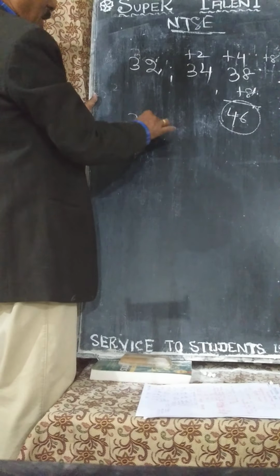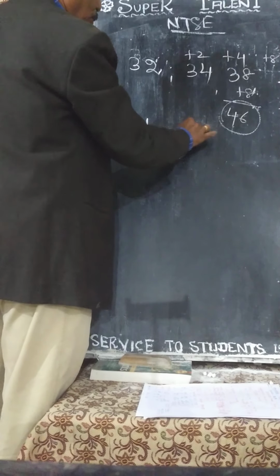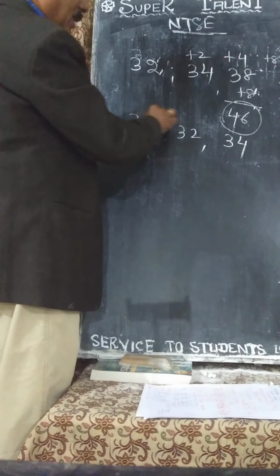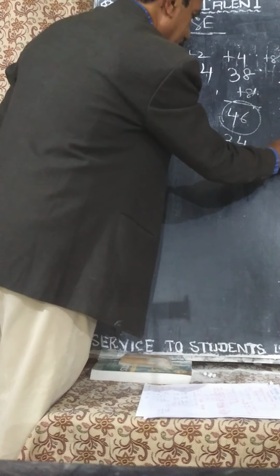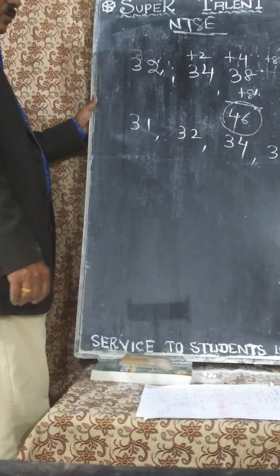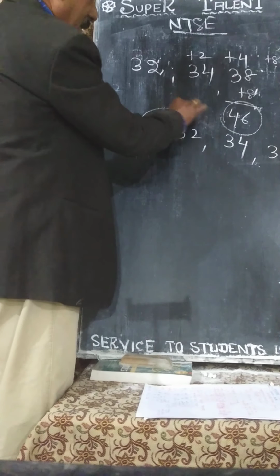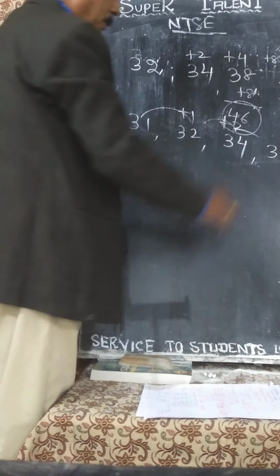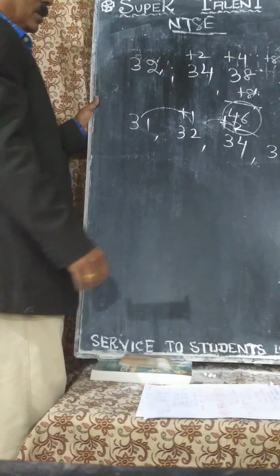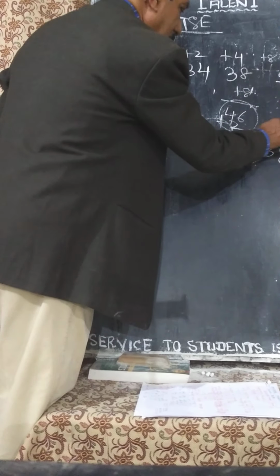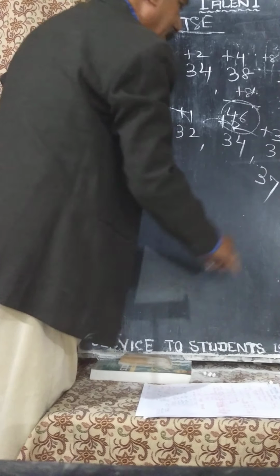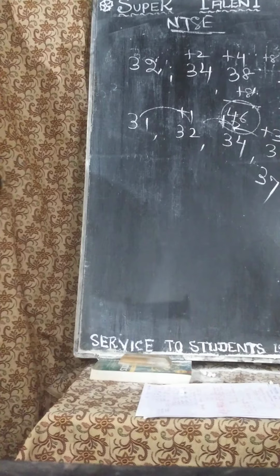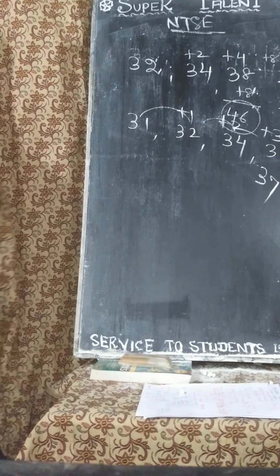Same logic, I am telling you. Suppose 31, 32, 34, then 38. So 31 plus 1, 32 plus 2, 34, then it should be plus 3, giving 37 and 38. Don't confuse it. Then 37 and 38 will be the further answer.